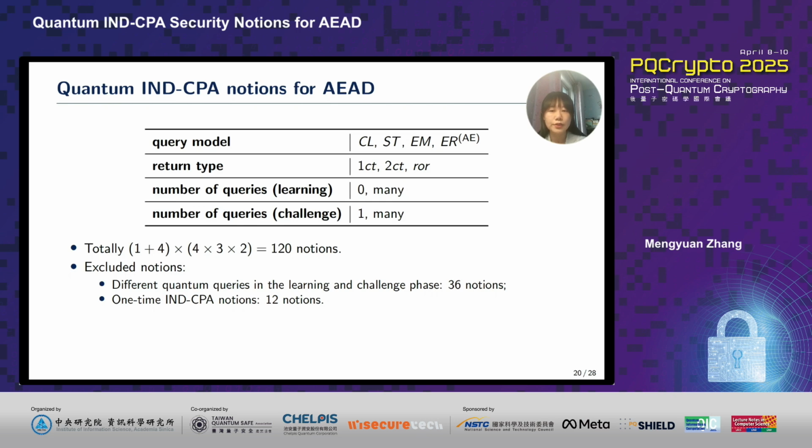That is, there is only one challenge query and no learning query. There are 12 notions of this category. Also, some of the notions are impossible to achieve by any AEAD scheme, and there are 20 impossible notions. So after filtering these out, we are left with 52 security notions.